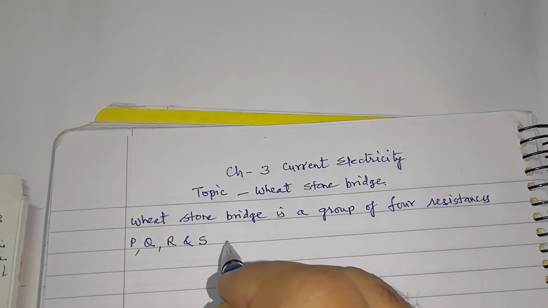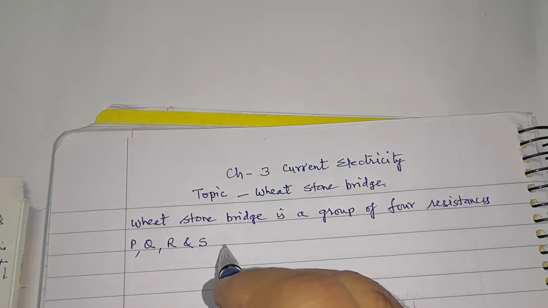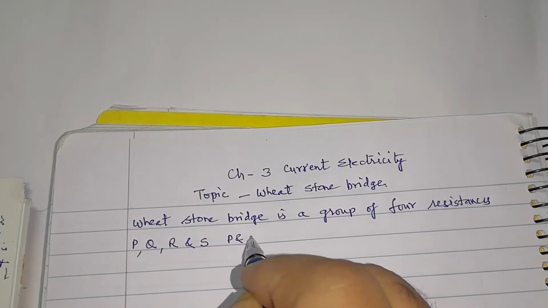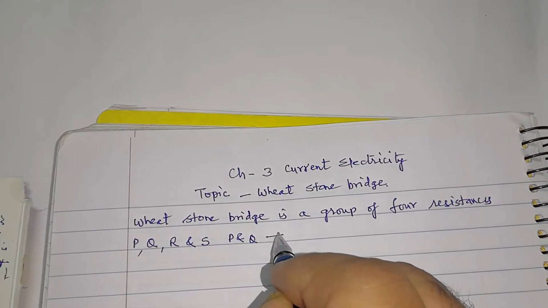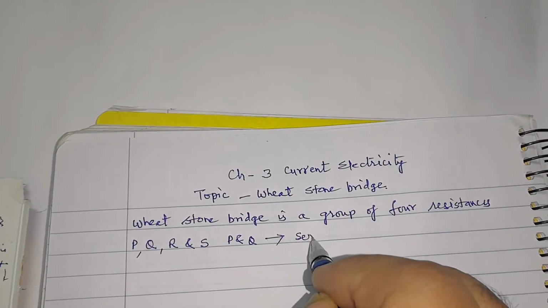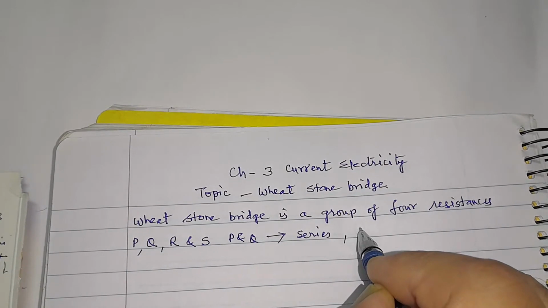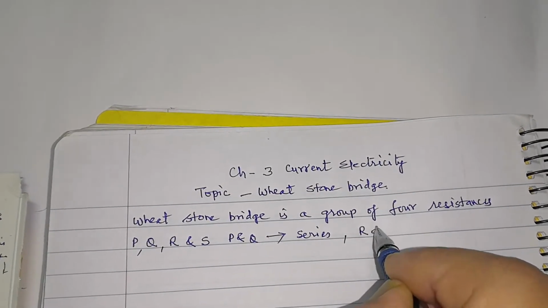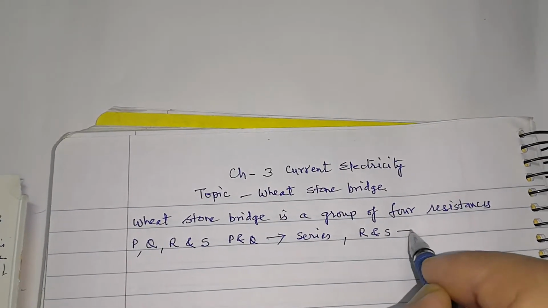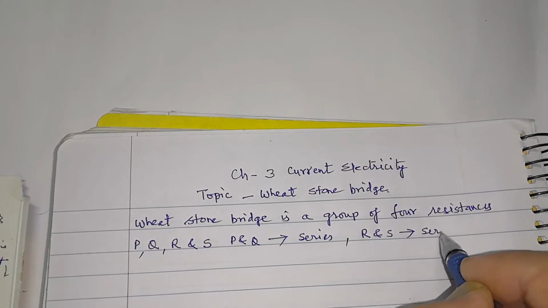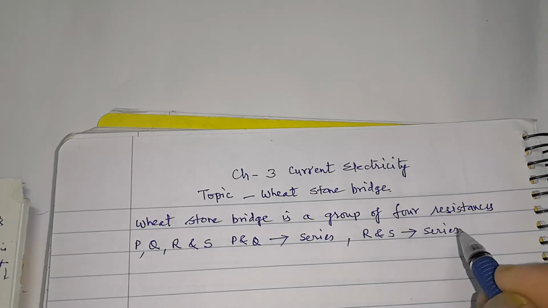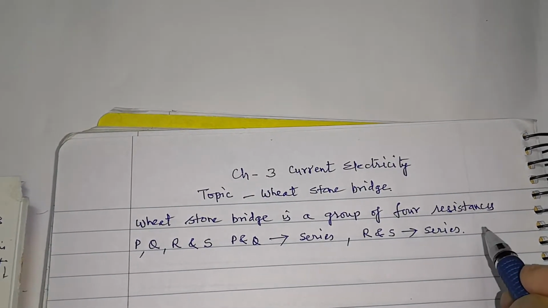out of which P and Q are connected in series. Then the other 2 resistances R and S, they are also connected in series, and these 2 are connected in parallel.